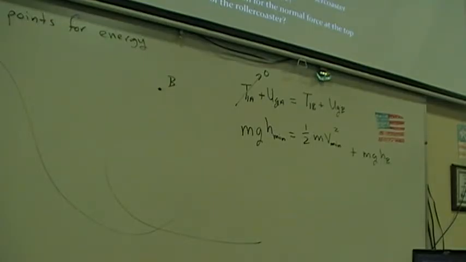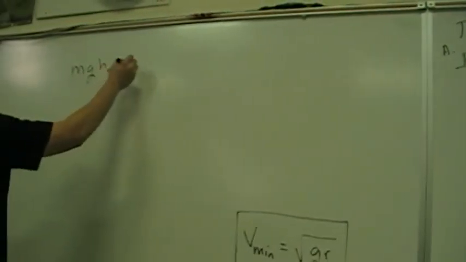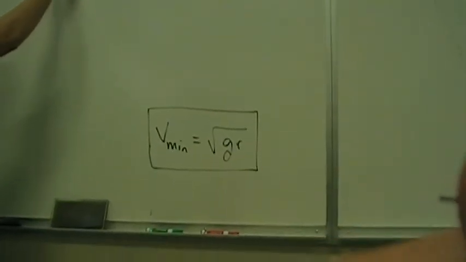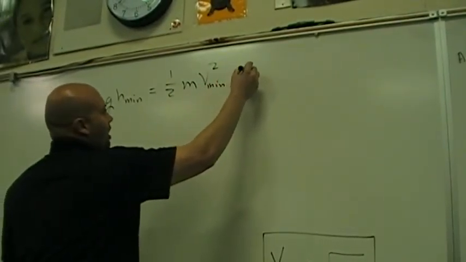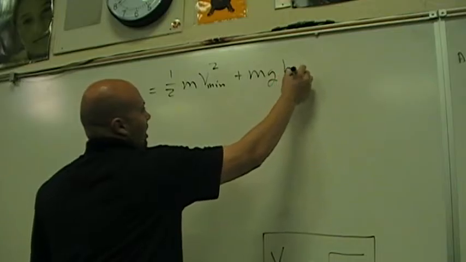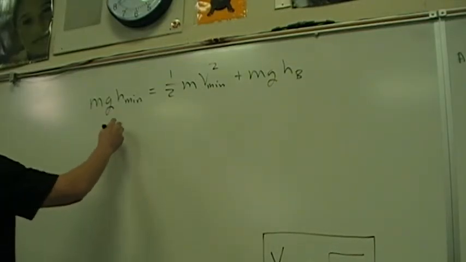So we have M G H min equals 1/2 M V min squared plus M G H B. So now we need to substitute. Or actually, let's solve for H min, then we'll substitute. Okay? So H min.